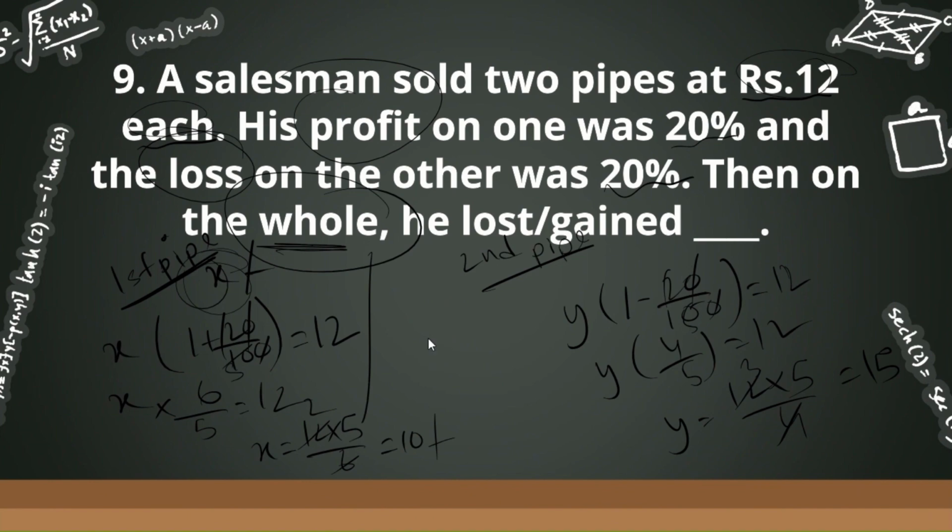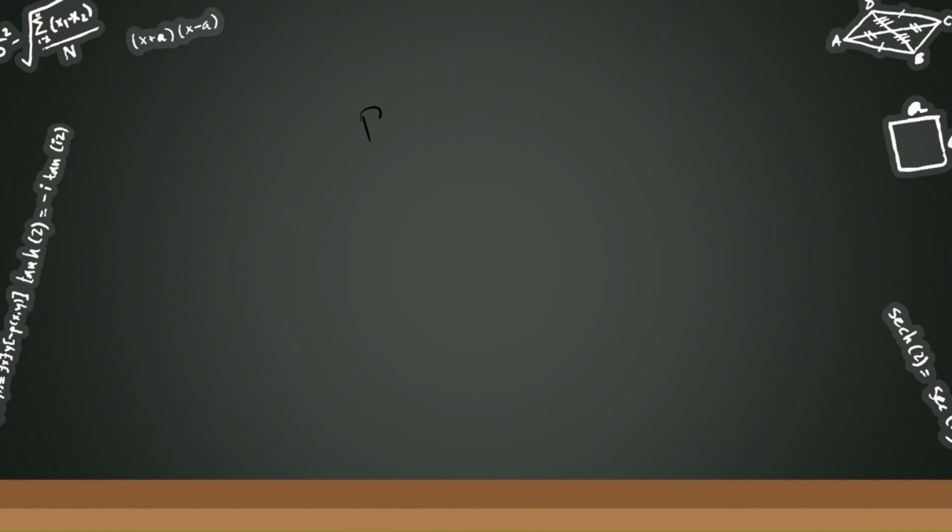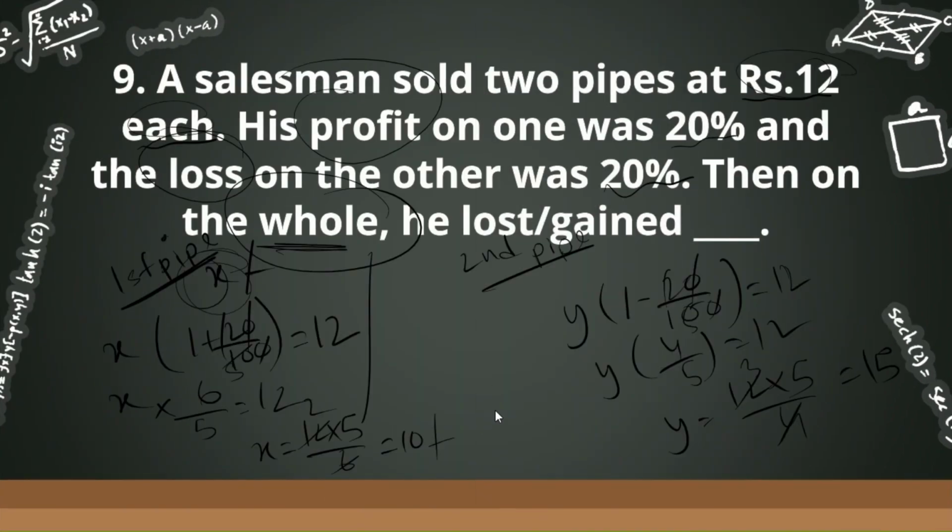So before the profit, the whole was X plus Y. We found X is 10 rupees, Y is 15 rupees.